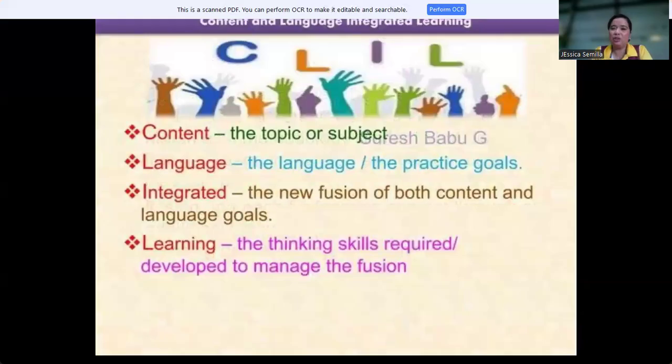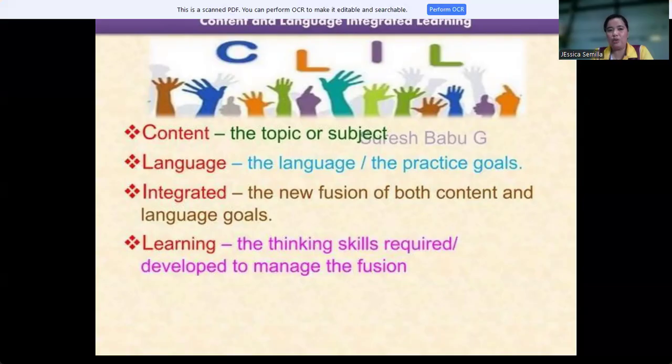So we try to identify the differences in the definitions of each word that is attached with CLIL. So what do you mean by CLIL? CLIL meaning content, which is the topic or subject being utilized within a certain text or as a strategy, or a springboard.